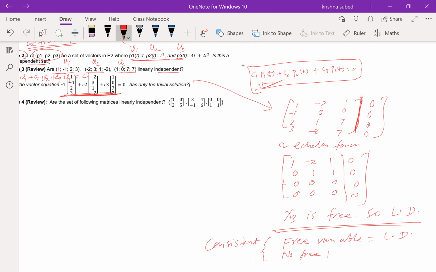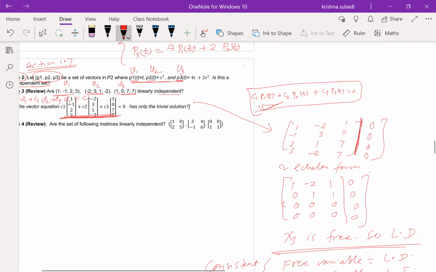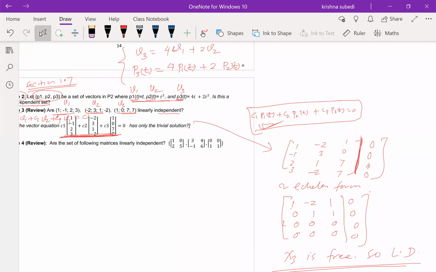Consistent but no free variable, linearly independent. So that's what we learned in chapter 1. And in chapter 4 we learn another technique, whether we can express one vector in terms of the other one. If we can do that, then they are linearly dependent. That's another method that we learn.